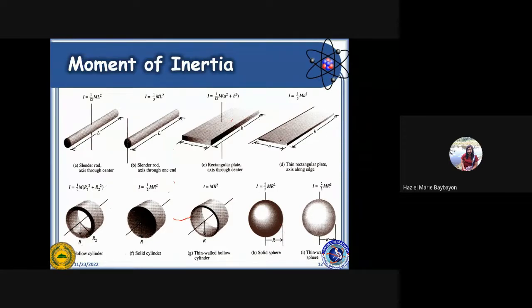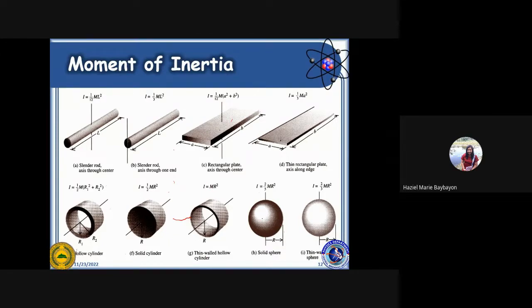Okay? So the moment of inertia is equal to 1/2 times m multiplied by radius 1 squared, the inner radius, plus the outer radius squared. Like the solid cylinder, it is equal to 1/2 mr squared. For the thin-walled hollow cylinder, it is equal to mr squared.